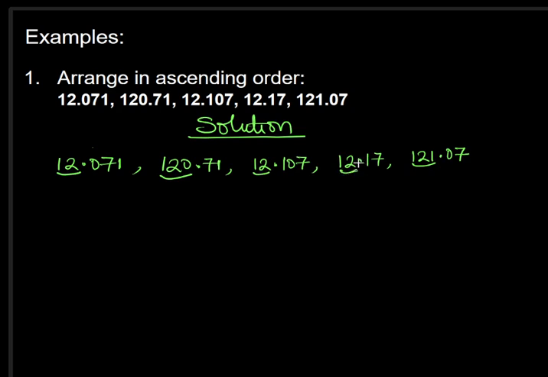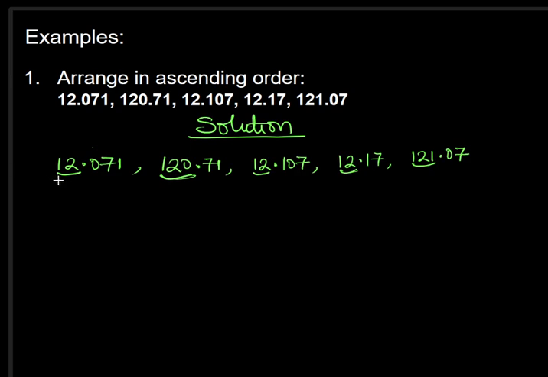This is a case where you cannot determine which one is smaller or bigger, so that's where you have to go to the fractional part. But this one carrying 120 in the whole number part and this one carrying 121, you know 120 is smaller than 121. So you can determine it. You don't even need to know what happens in the fractional part in that case.